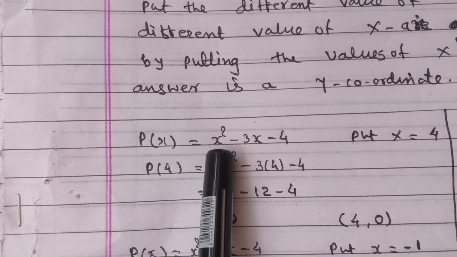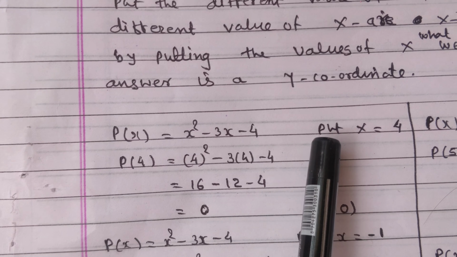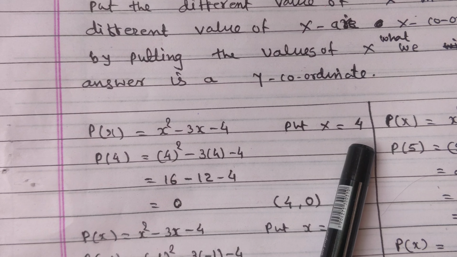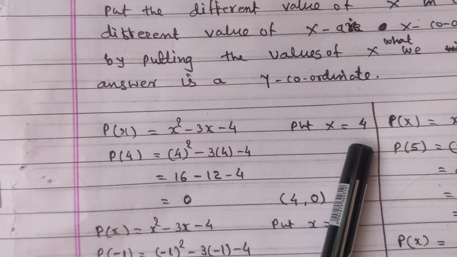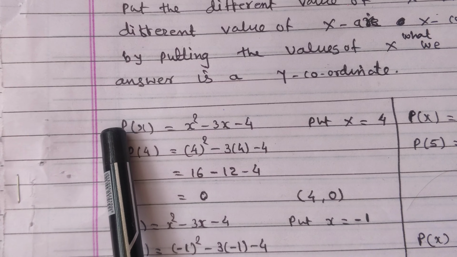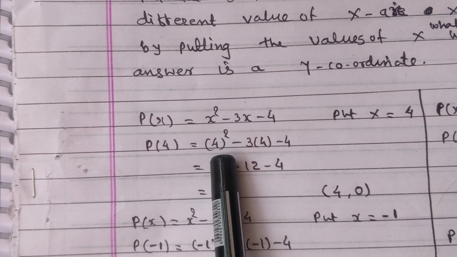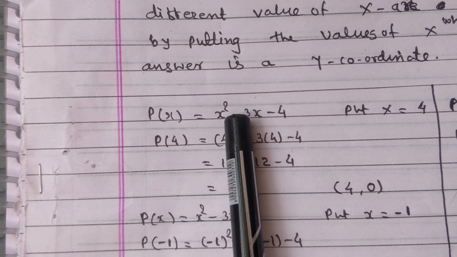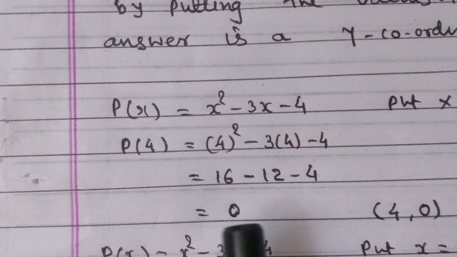P of x is equal to x square minus 3x minus 4. This is the equation which is given. Put x is equal to 4. We can take any value of x. So x is equal to 4, square is as it is, minus 3 times the value of x, 4, minus 4.